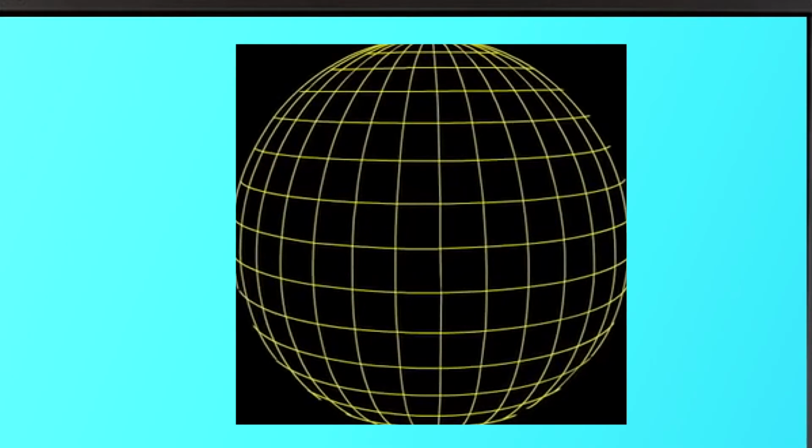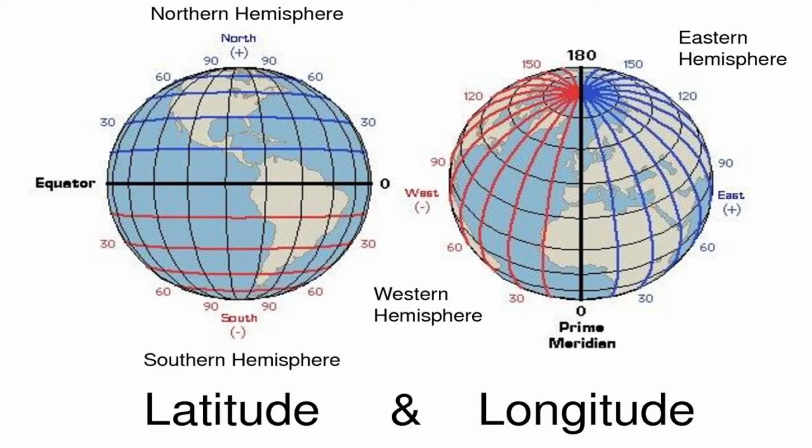The very first imaginary circle, marked at 0 degree, is called the equator. The part which lies to the north of the equator is called the northern hemisphere, whereas the part of the earth which lies to the south of the equator is called the southern hemisphere. So our country India lies in the northern hemisphere.